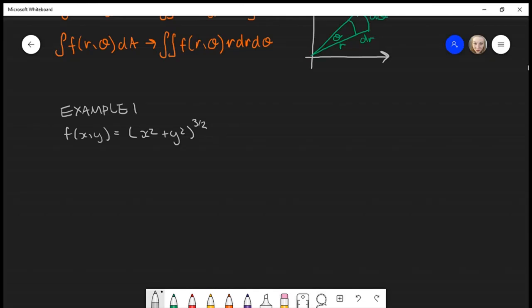So to do this, we know how to convert x into polar coordinates and y into polar coordinates. I'm literally just going to sub in the identities for this. We learned before that x is r cos theta, y is r sine theta.